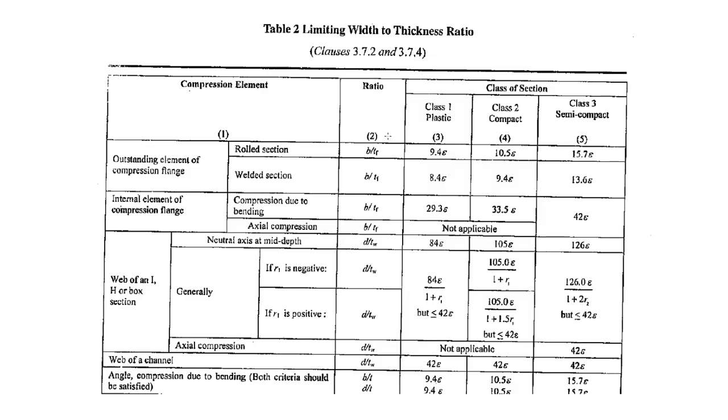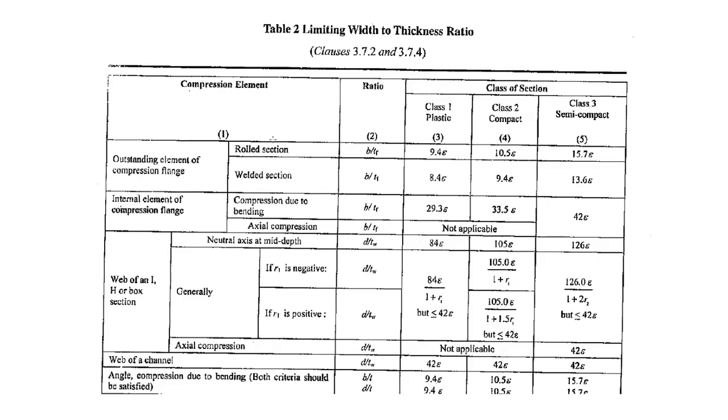Now here you can see the limiting width to thickness ratios. Depending on the selected section, we take its width to thickness ratio to decide which class the section belongs to. If you take any section from the rolling mill, consider the outstanding element of the compression flange, the top portion of the I section.